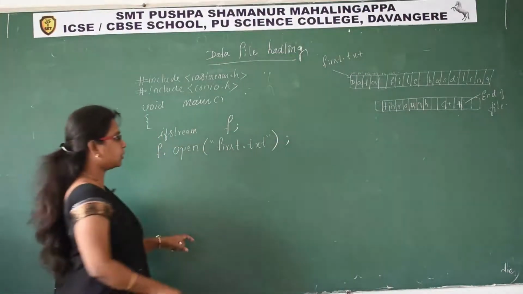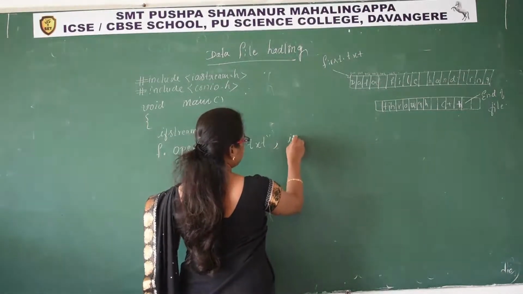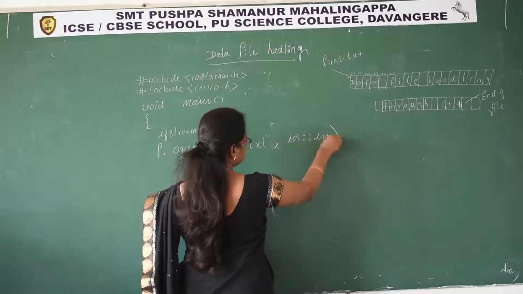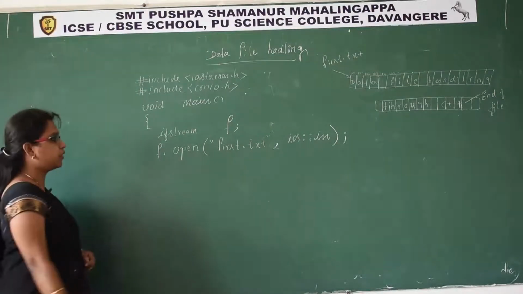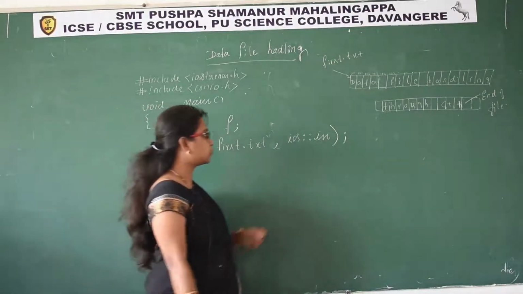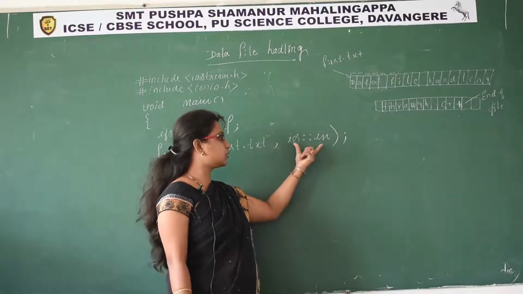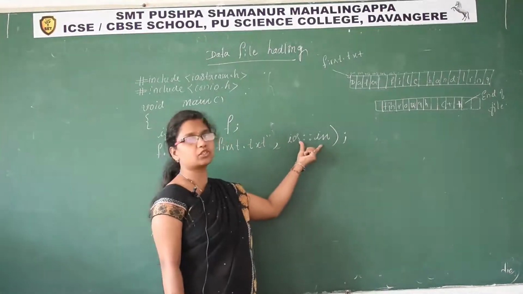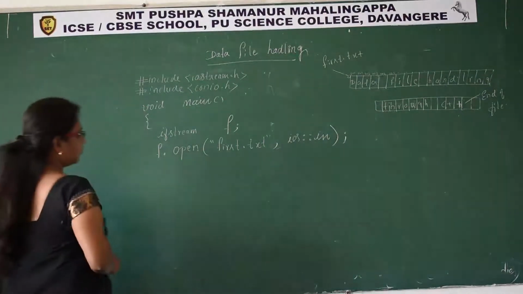If you want to mention the mode, how to mention it? ios::in. In this way we have to mention the mode. That mode supports file read operation. So the mode ios::in indicates the file read operation.